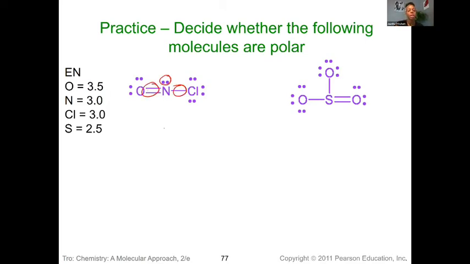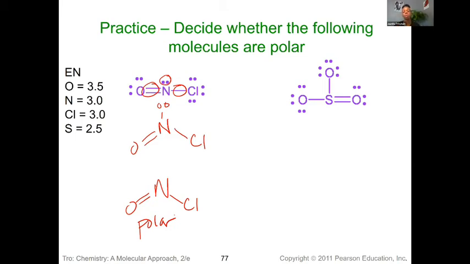And so we would predict that the electron geometry would be trigonal planar. The molecular geometry would be bent. We do have a difference in electronegativity, so we have polar bonds. And so overall, we would say that this should be polar because we don't have that symmetric pull.